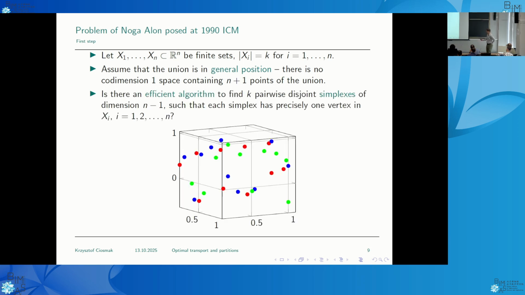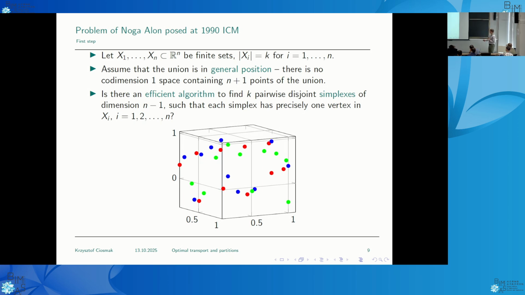This is what the situation looks like in three-dimensional space. We have 10 red points, 10 green points, and 10 blue points. In the two-dimensional case, we had segments. Now we are looking for n-1 dimensional simplices.